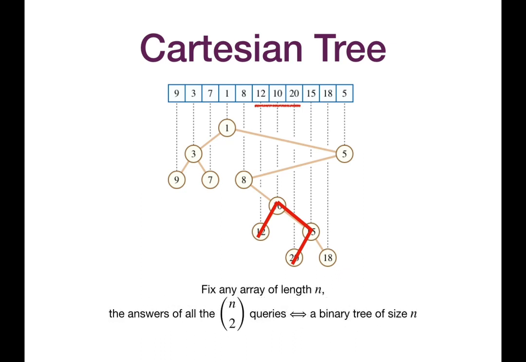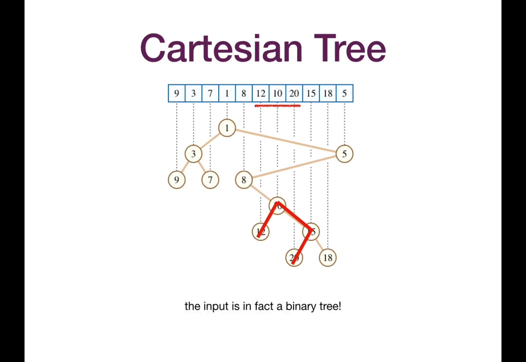It is also not hard to see that, given all the answers of range minimum queries, we can construct a unique Cartesian tree, and given any Cartesian tree, we can construct all the answers of range minimum queries. By this observation, one may conclude that the input is in fact a binary tree.